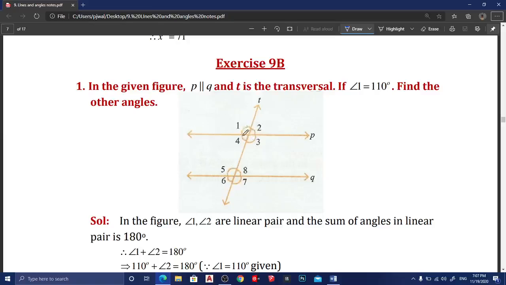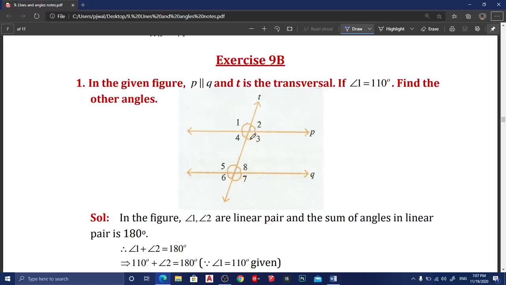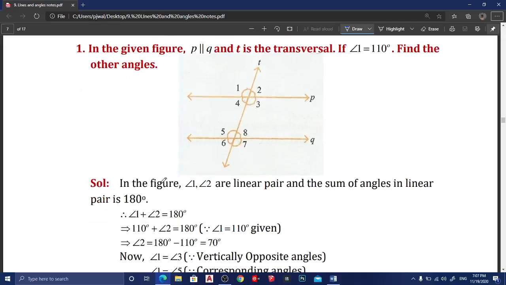Okay, so by using that property, you can find out angle 2 here. Since you know angle 1 here, by adding these two angles you get 180 degrees, so you can find out the second angle. See the steps here. In the figure, angle 1 and angle 2 are a linear pair, and the sum of angles in a linear pair is 180 degrees. You can write that angle 1 plus angle 2 is equal to 180 degrees. So now this is the unknown value. So now it is an equation in one variable.